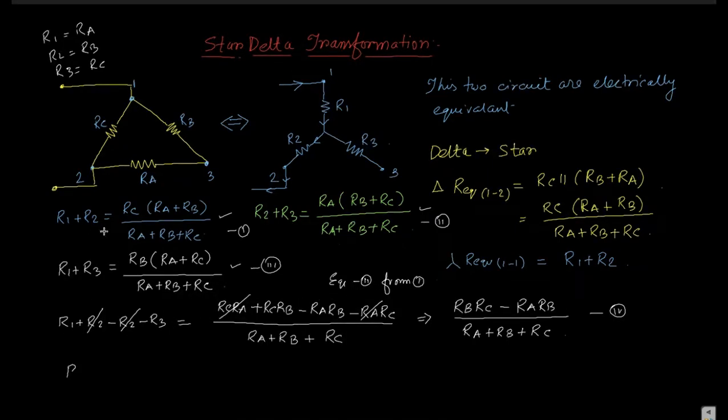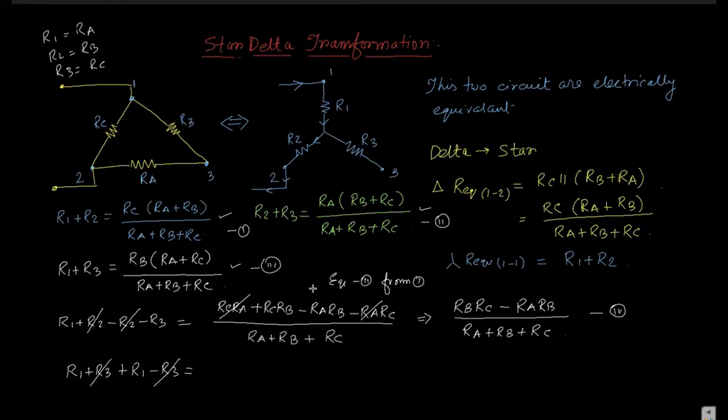R1 plus R2 minus R2 minus R3, so R1 minus R3. So R1 plus R3 plus R1 minus R3, R3 cancels out, so 2R1 is there.